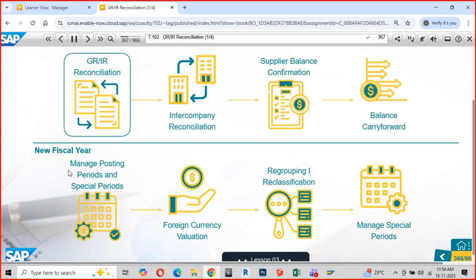As a consultant, once you carry out all your year-end closing processes, what typically do you do in your manual accounting? All these activities, two things you are seeing here: the balance carry forward and your foreign currency evaluation. We already are aware of the special periods.